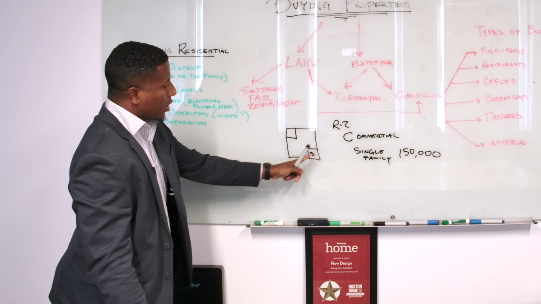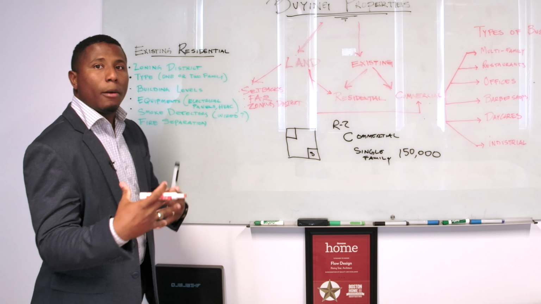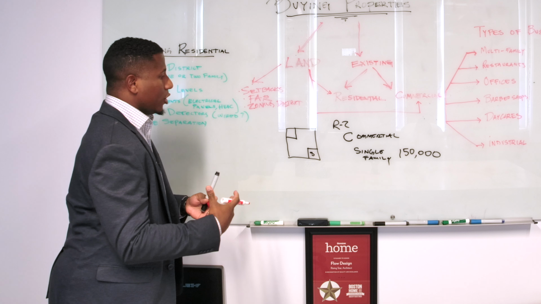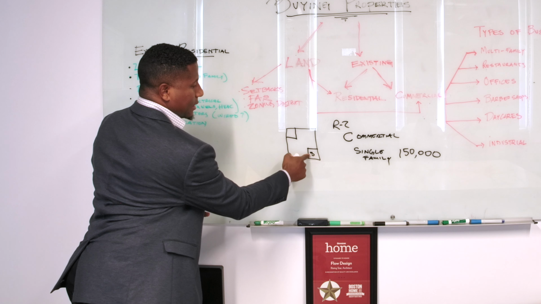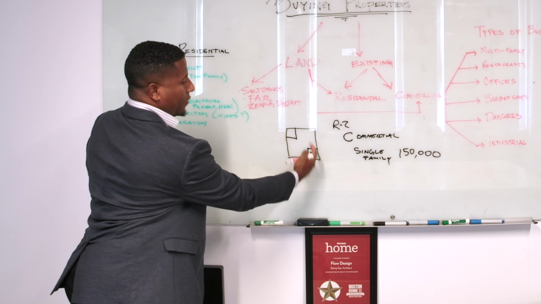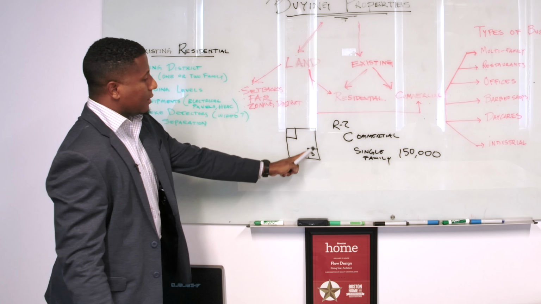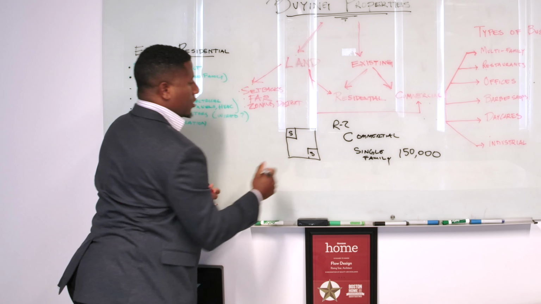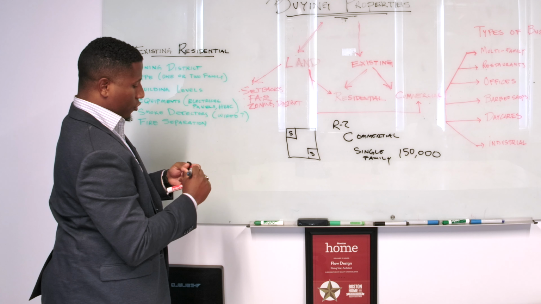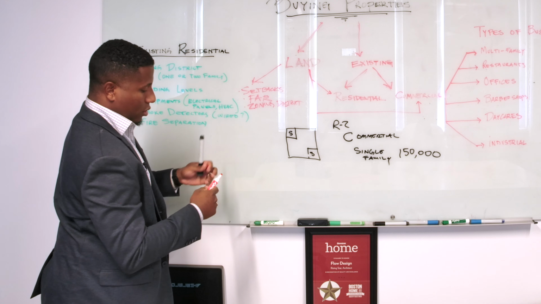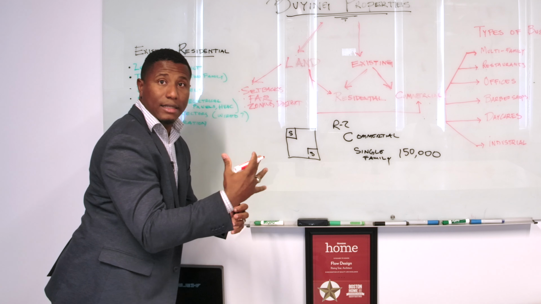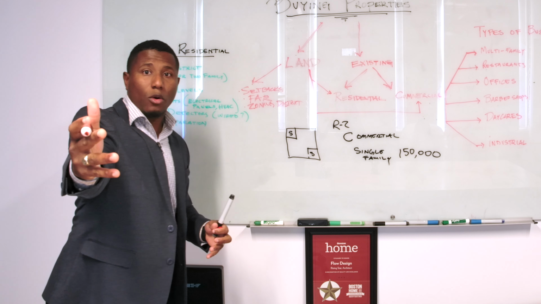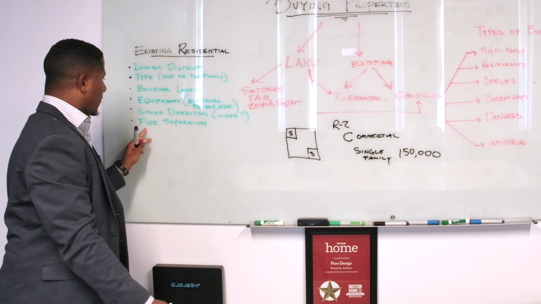These stairs become almost like a common area. Let's say you have a door that accesses your unit, and then you have stairs that go up. These stairs become a common area for both units.